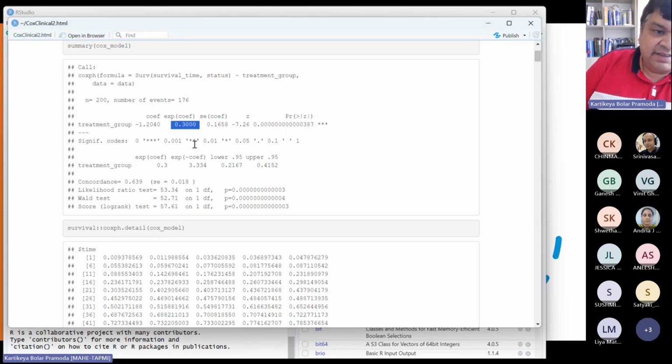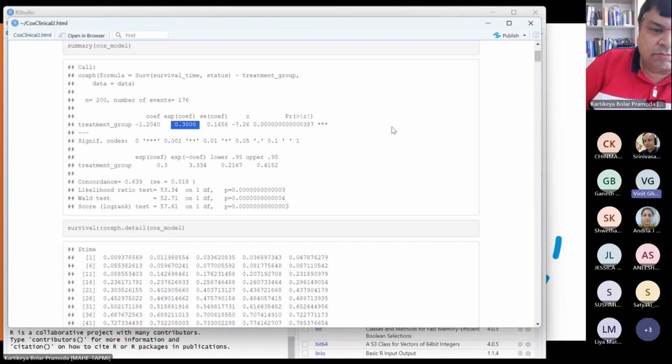The sign also indicates a negative effect: the coefficient itself says minus 1.2040, so there is a negative effect on the survival time. The risk is reduced, which means the likely chance of people surviving would be more.